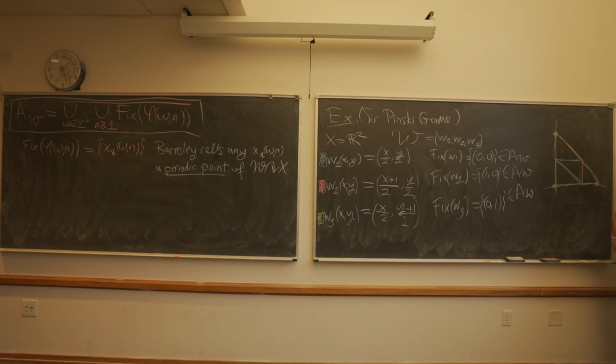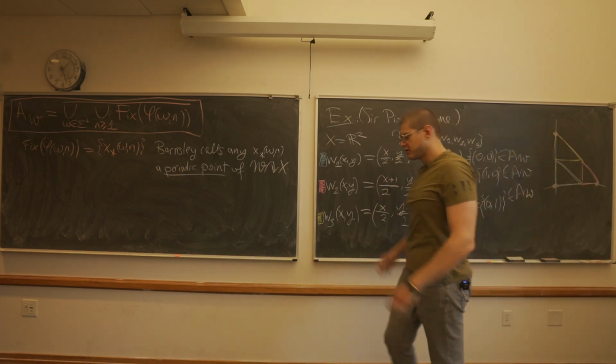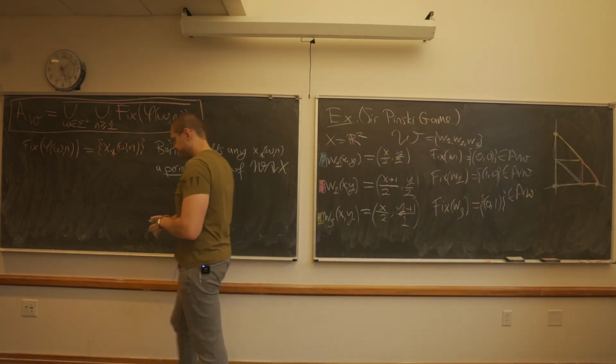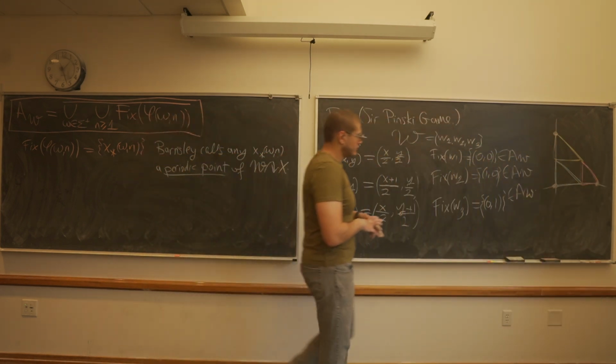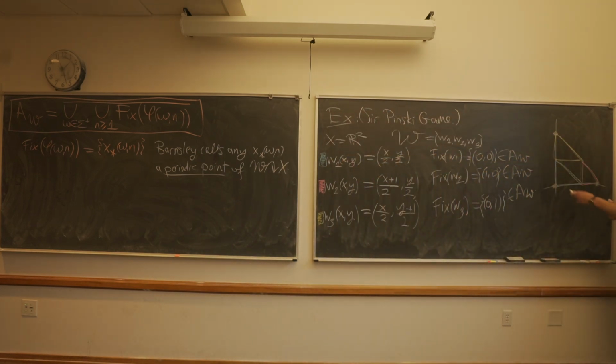The Sierpinski game is this. You start at any point in this triangle, but you want to choose a point so that, based on a certain algorithm, you stay inside the triangle as long as possible. And the algorithm is this. Given the point, let's say you choose this point over here.